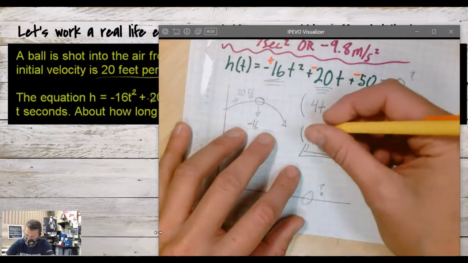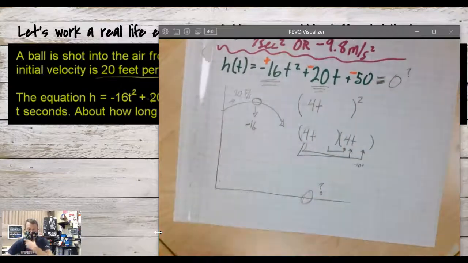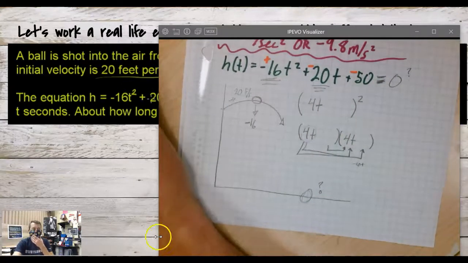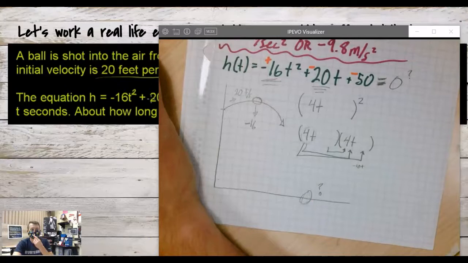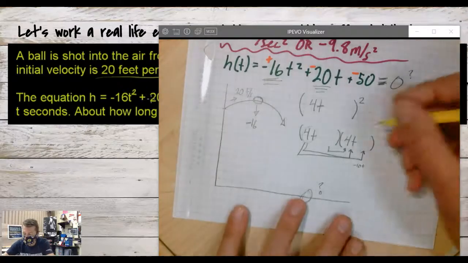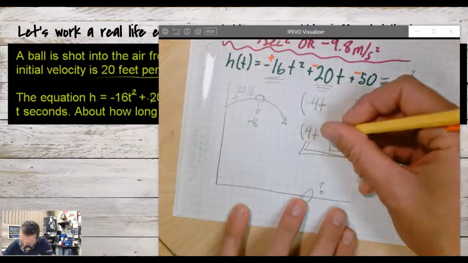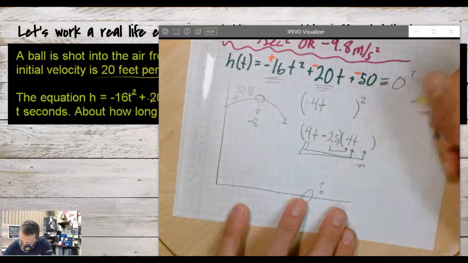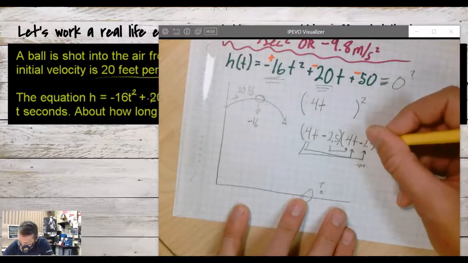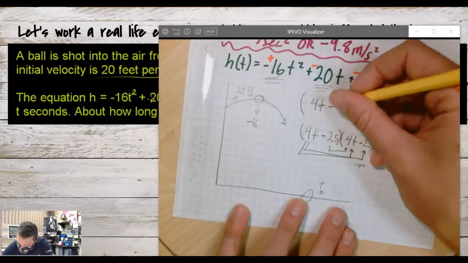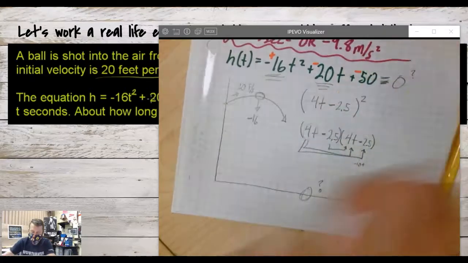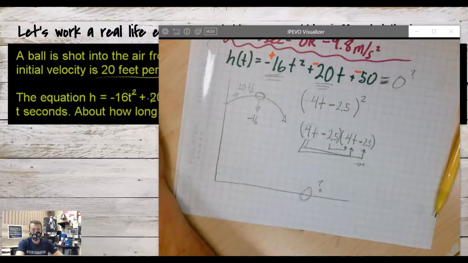To get negative 10t, what should 4 multiply by? 2.5, right? So if we go 2.5 there, positive or negative? What else do we need to do?